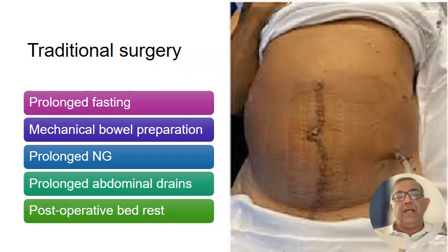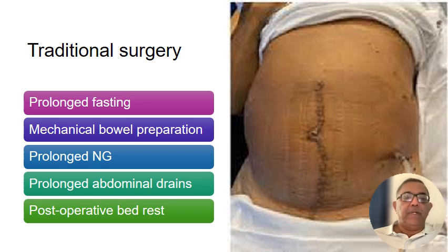Now, if you look at the ERAS, this is nearly a total opposite of what we've been doing since we started operating and doing major surgical procedures: prolonged fasting, NPO 6 hours prior, which is still practiced for solids. But for clear liquids, it's important that they should be getting clear liquids up to 2 hours prior to surgery.